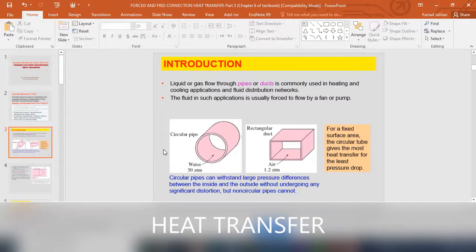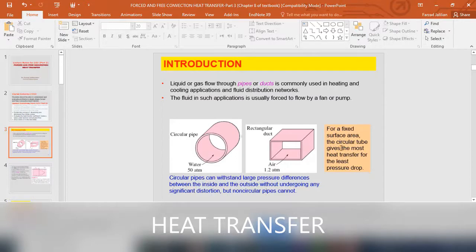First of all, this design, which has a circular cross section, can resist pressure the most; its strength against pressure is the maximum. In other words, compared to other shapes, the circular pipe can stand higher pressure. You can use this pipe for higher pressure.